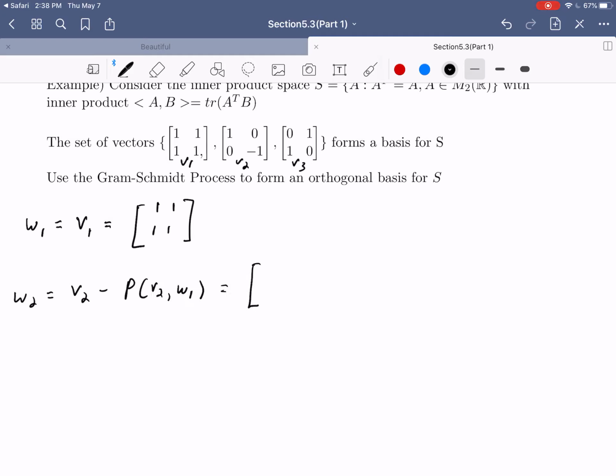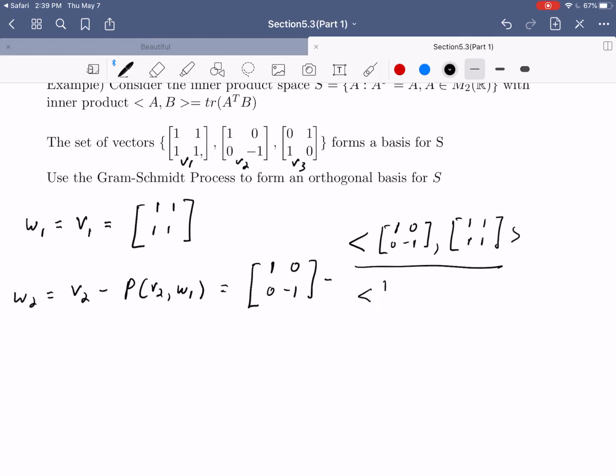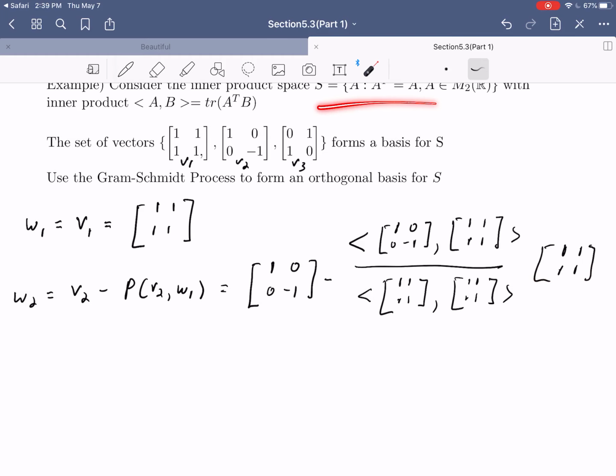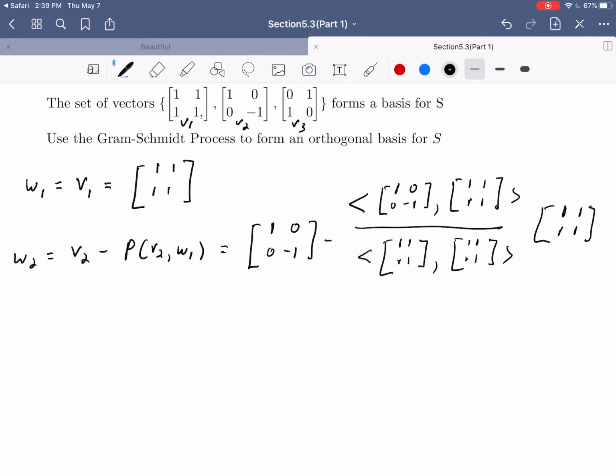That means we're doing 1, 0, 0, minus 1, minus the inner product of V2 and W1, which is the inner product of 1, 0, 0, minus 1 with 1, 1, 1, 1, divided by the inner product of 1, 1, 1, 1 with 1, 1, 1, 1, and then times the vector 1, 1, 1, 1. Of course, by vector we mean matrix in this case, but we're treating them as the vectors of this special subspace. Let's see what that gives us.